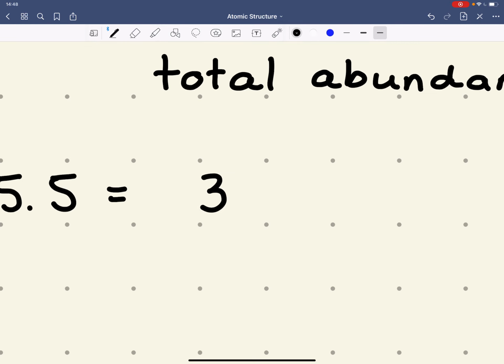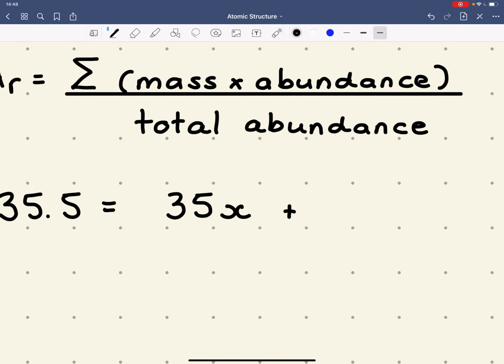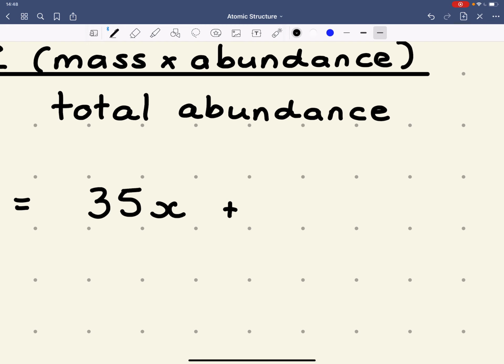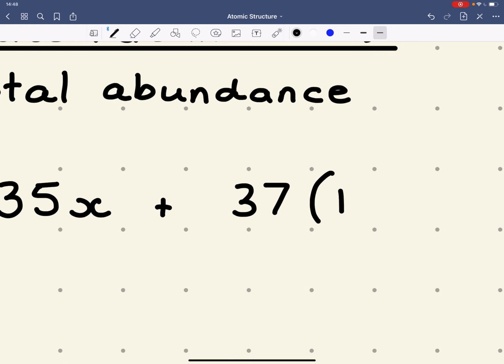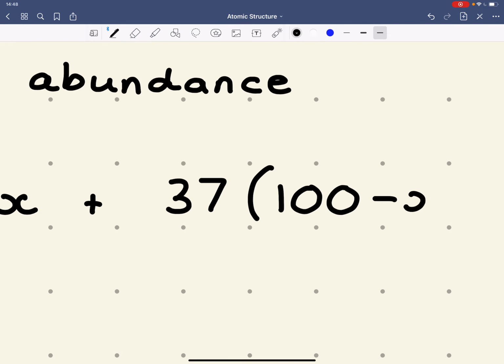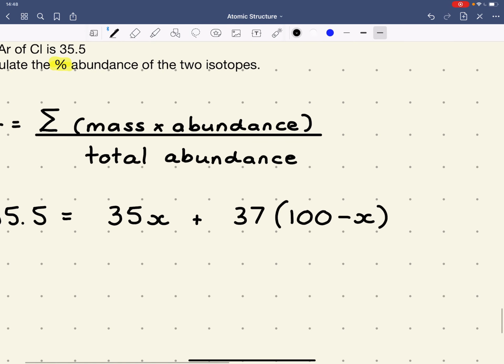So we've got a mass of 35, multiplied by the abundance, which we don't know, and we're going to call that X. Therefore, that's going to be plus, and the sum of the abundances, remember, must add up to 100. So if this is X, then this must be 37 times 100 minus X, because as we've said, this number and this number add up to 100.